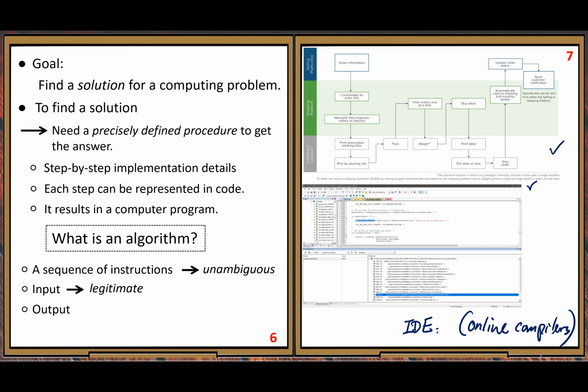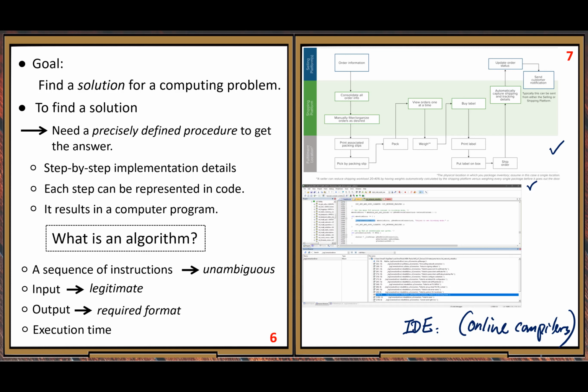You need to find computing solutions for your customers. Your customers will provide you the requirements for the output, and you need to follow those requirements. The output must be in the required format.